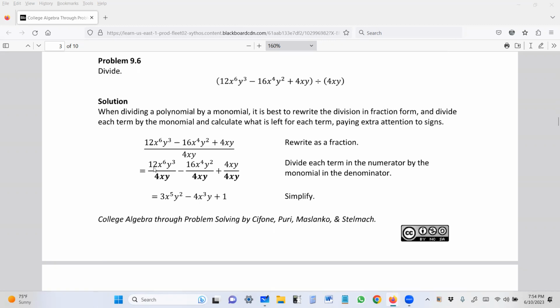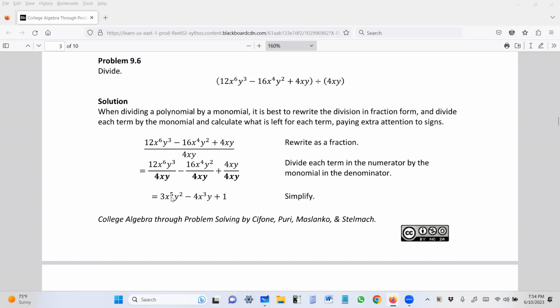Okay, so take a look at the second line of the solution. Again, division is very similar to multiplication, where you do the numerical part first, and then you do each of the variable parts next. So take a look at 12x to the 6y cubed divided by 4xy. We divide 12 by 4, which is 3. And then we divide x to the 6 by x, which is x to the 5th.